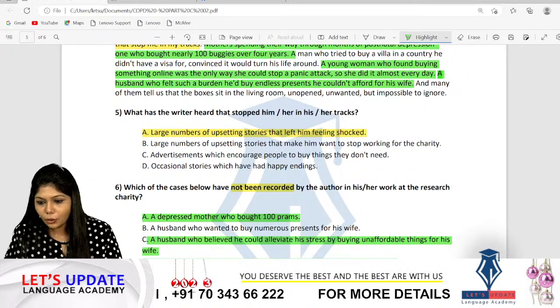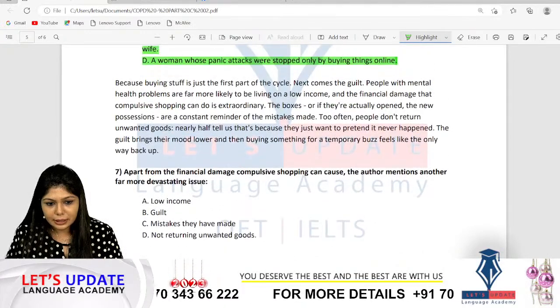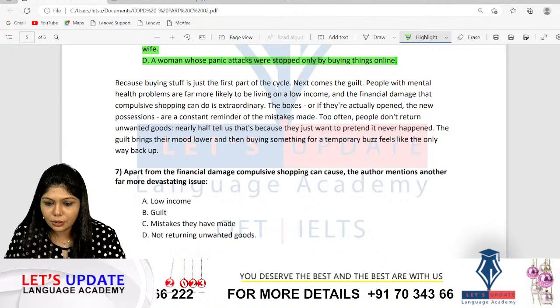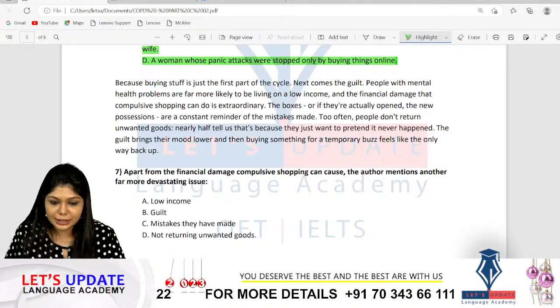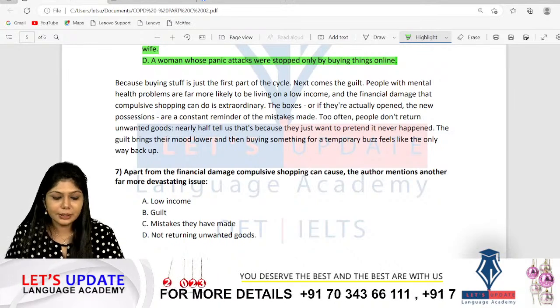Right, so now moving on to the next question, question number 7. Apart from the financial damage compulsive shopping can cause, the author mentions another far more devastating issue. That is a question, and please have a look at the paragraph.